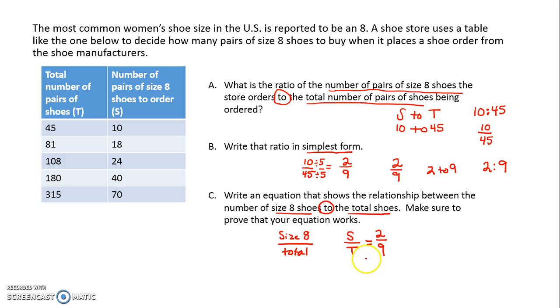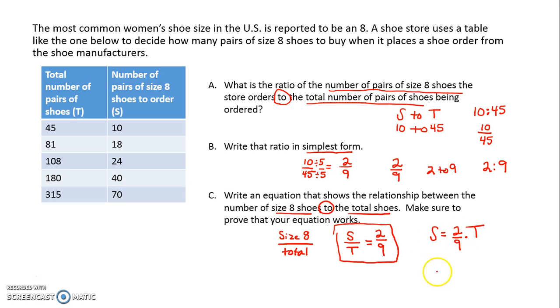I'm not sure that that's what your 6th grade teachers would want you to write, but that is an acceptable equation. And then I'll show you several acceptable equations. Okay, so this would be an acceptable equation. You could also have S equals 2 over 9 times T. Every pair of size 8 shoes, if you take the total and multiply by 2/9, you'll get the size 8.